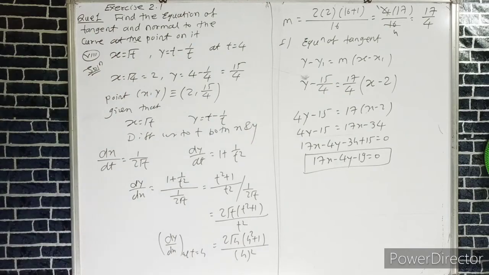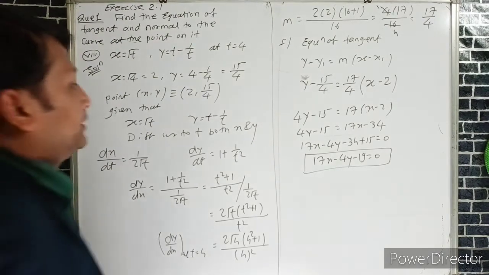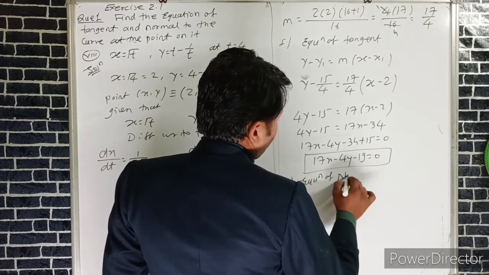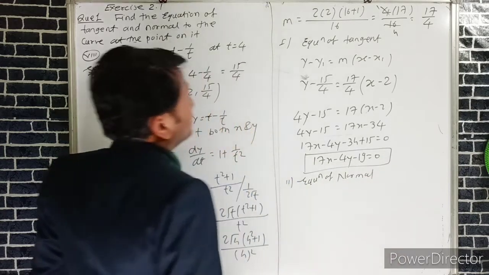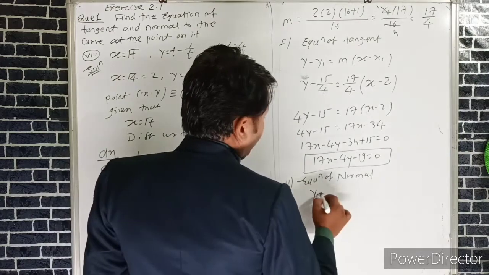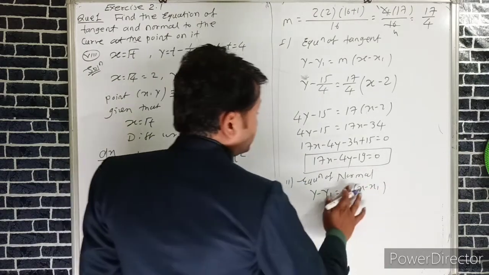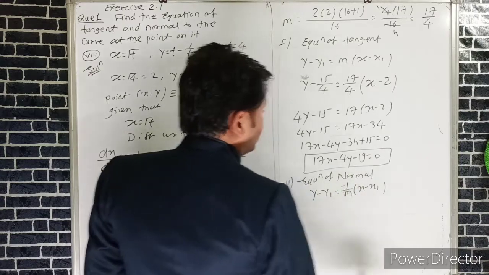Secondly, we have to find the equation of normal. Now we know that the equation of normal is y minus y1 is equal to minus 1 upon m into (x minus x1).